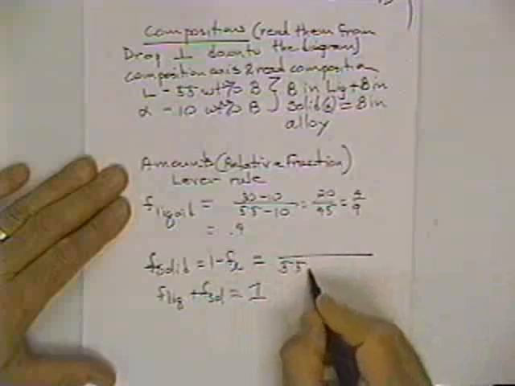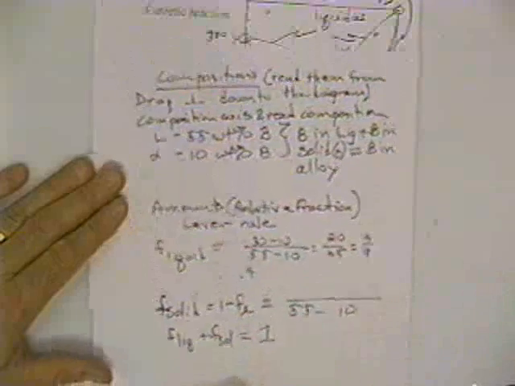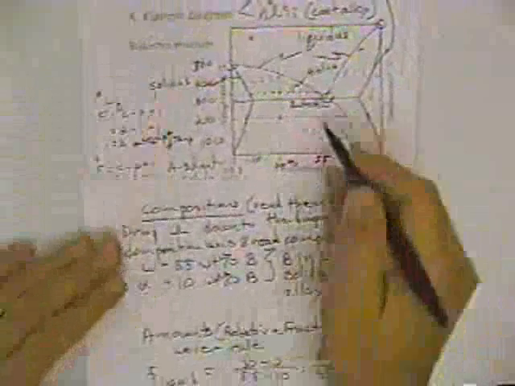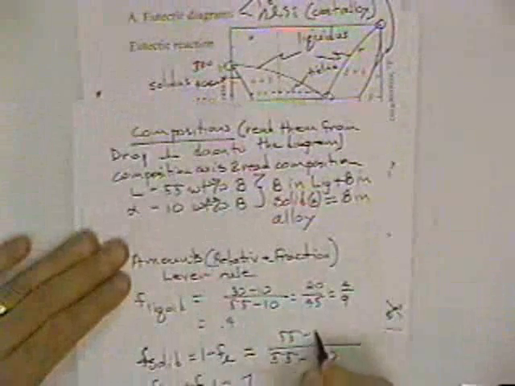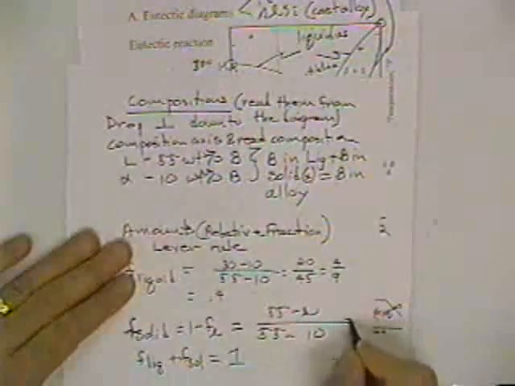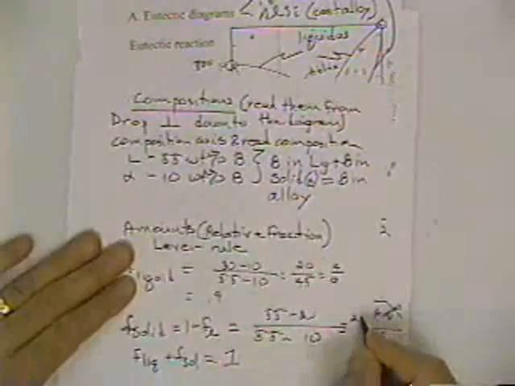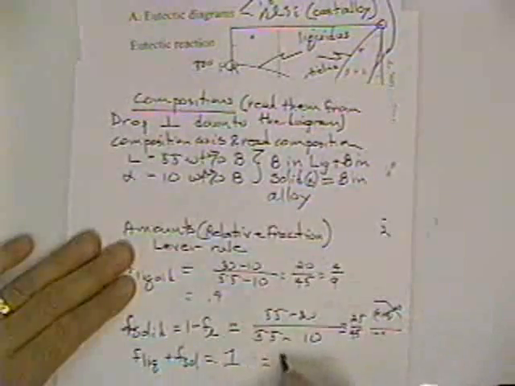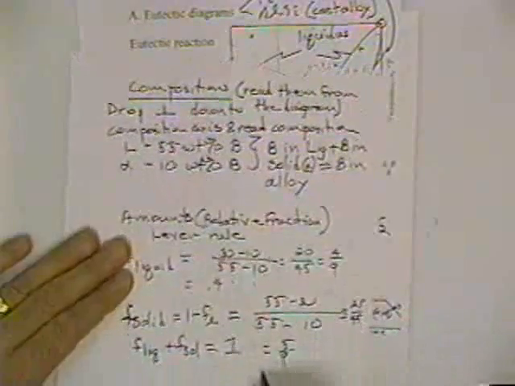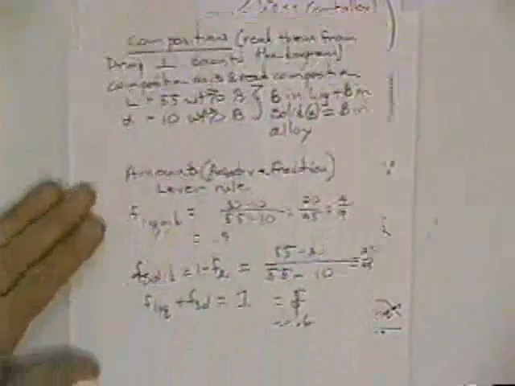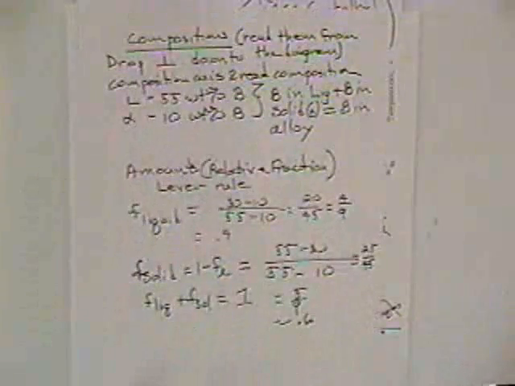We take our tie line, 55 minus 10. Now we want to take the other part, which is 55 minus 30. That would be equal to 25 over 45, or 5/9. So that should be about 0.6. 0.4 plus 0.6 equals 1.